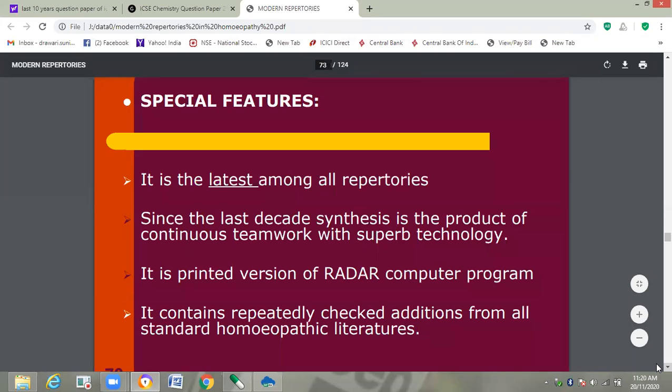As we know, in Kent's repertory, the rubrics are arranged as site, time, modality, and extension, STME. In this way, the arrangement of rubrics in Kent's repertory was there.